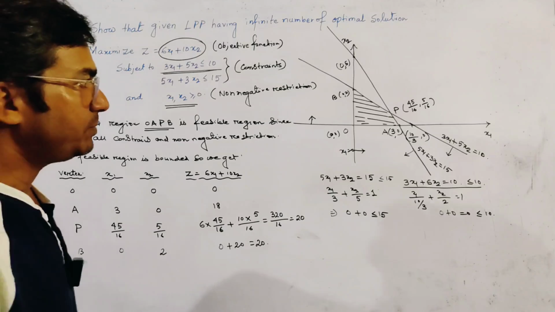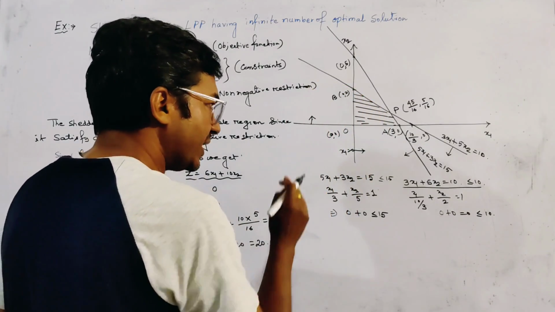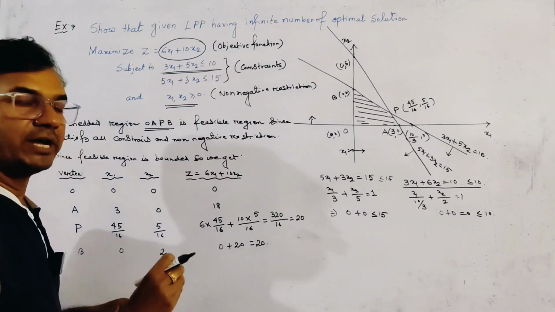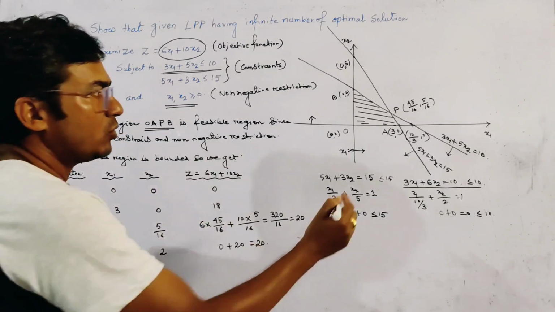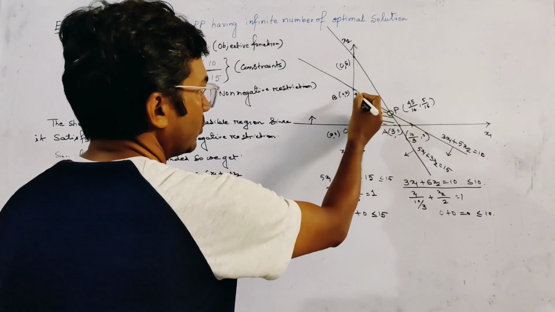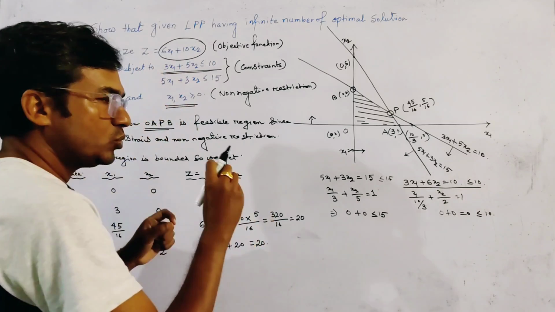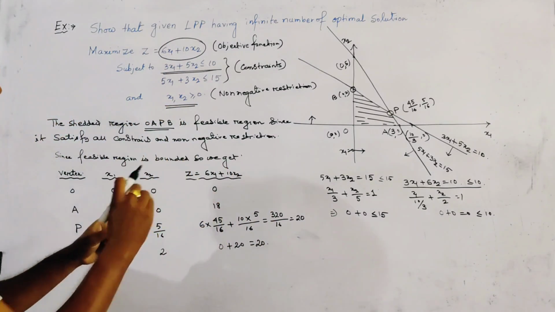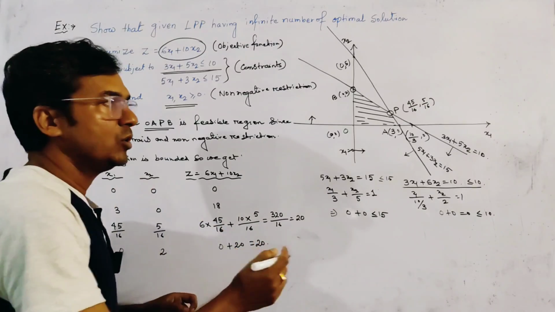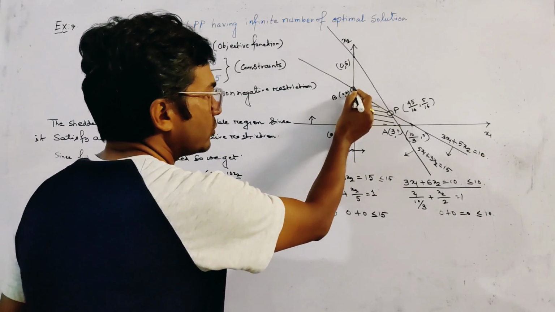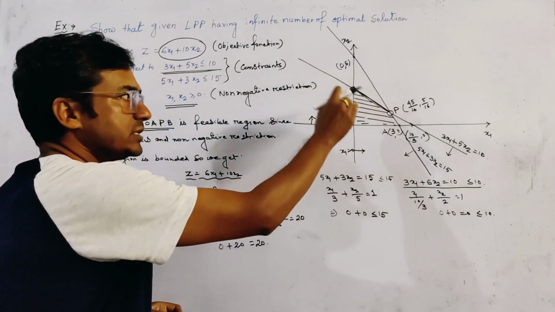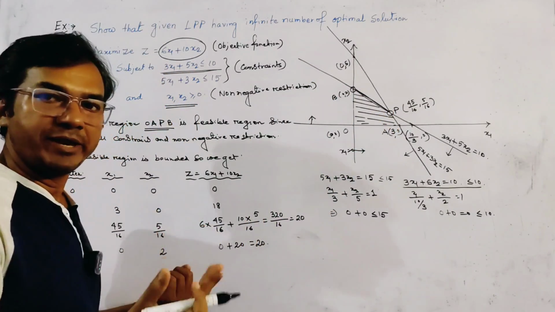Because if the maximum value of the objective function occurs at more than one vertex, here at P and at B, then we say that the maximum or optimal value of the objective function occurs at all points on this line segment, and the number of points on this line segment is infinite.